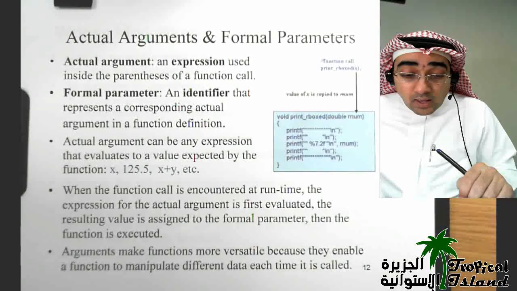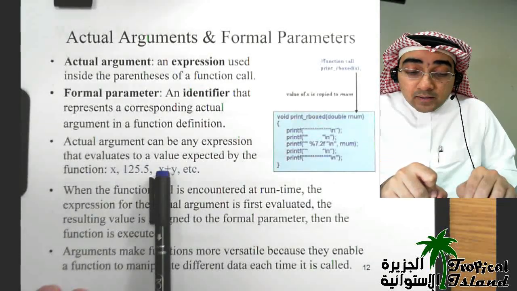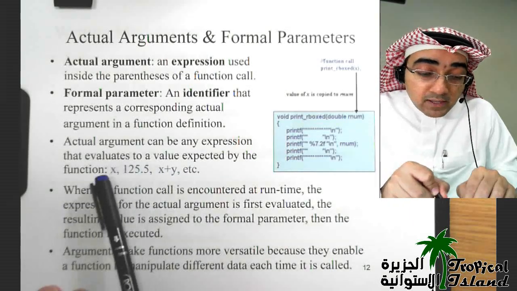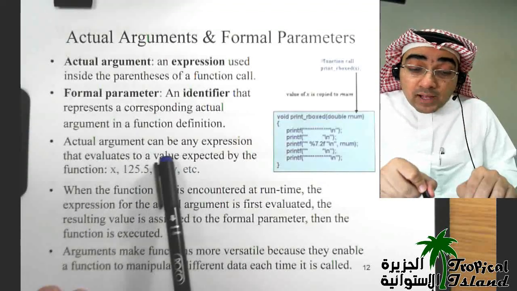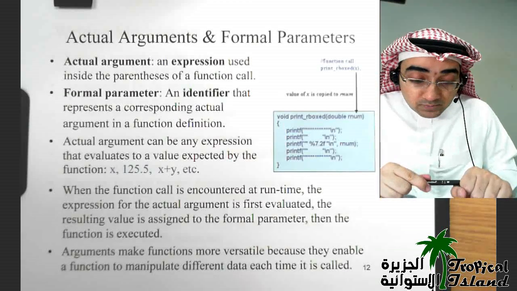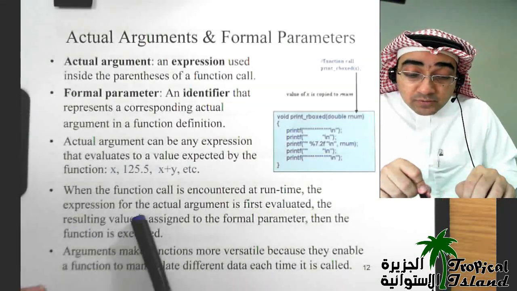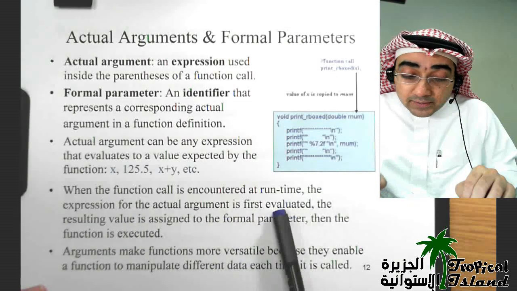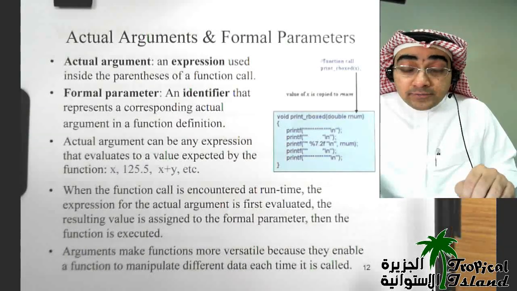Actual arguments can be an expression, evaluated to a value expected by the function, so you can have a variable, a constant, or an expression. It will evaluate the expression, and then the result is sent to the function. When the function call is encountered at runtime, the expression for the actual argument is first evaluated, then the result value is assigned to the formal parameters of the called function.